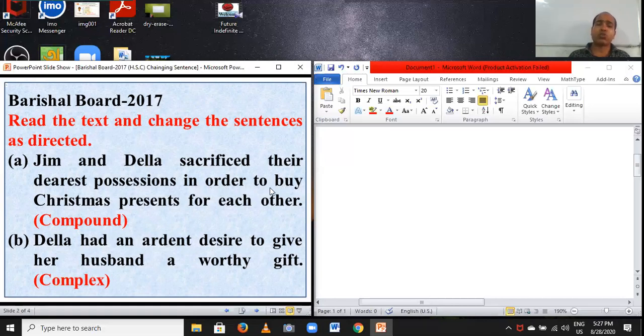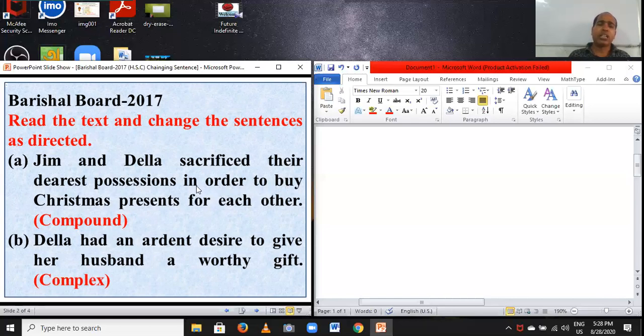It works as to plus base form of the verb, and there is no difference between in order to and to. So if you find in order to or to plus base form of the verb, it means an infinitive phrase.